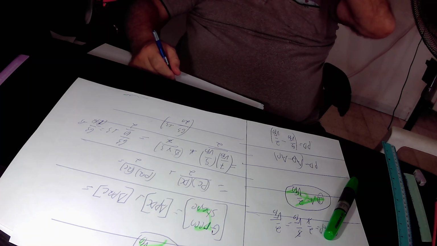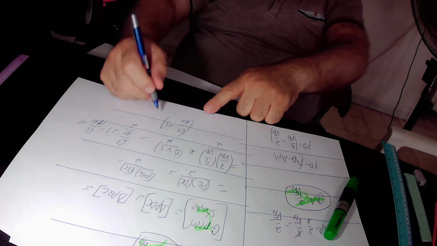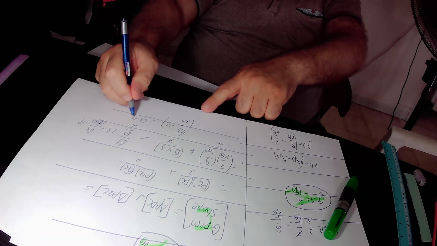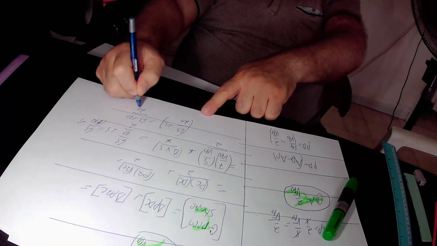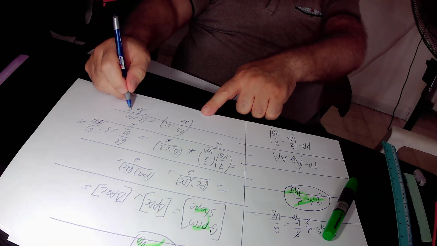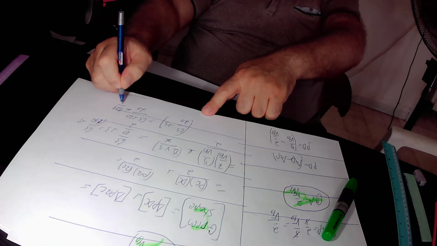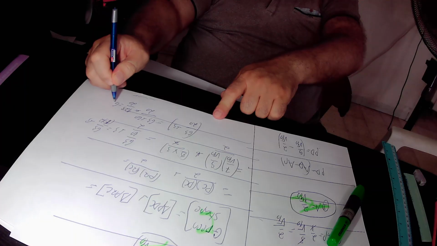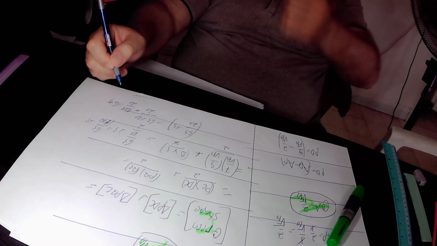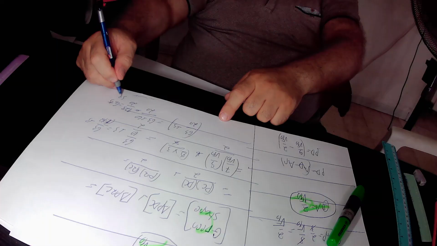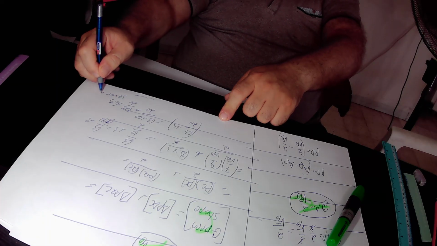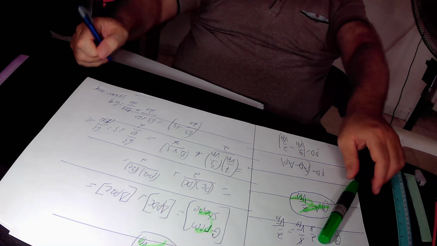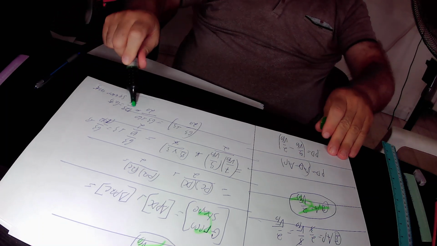In total, the numerator will have 63 plus 3 times 20, which is 60, divided by 20. 63 plus 60 is 123 divided by 20. 123 over 20 is 6.15 square units. And that is the answer to the question.